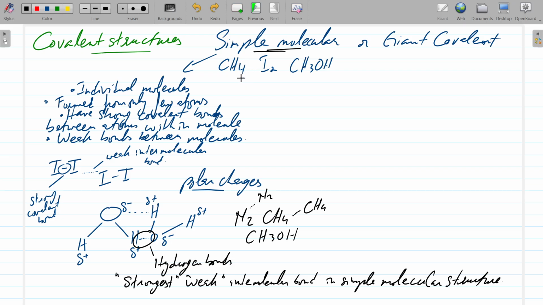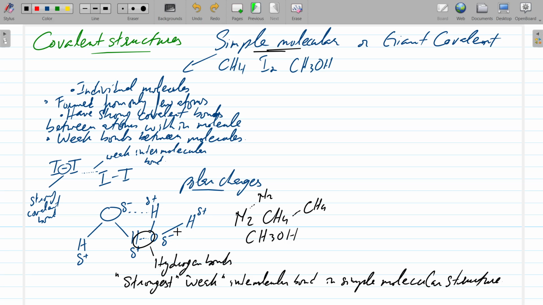Between two nitrogen molecules, between two methane molecules, they aren't really attracted to each other as strongly. Water is an example where the molecules are attracted to each other relatively strongly.